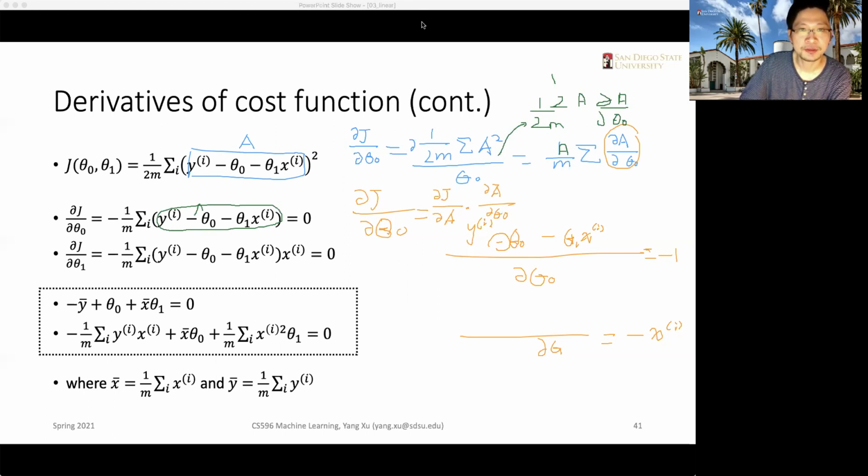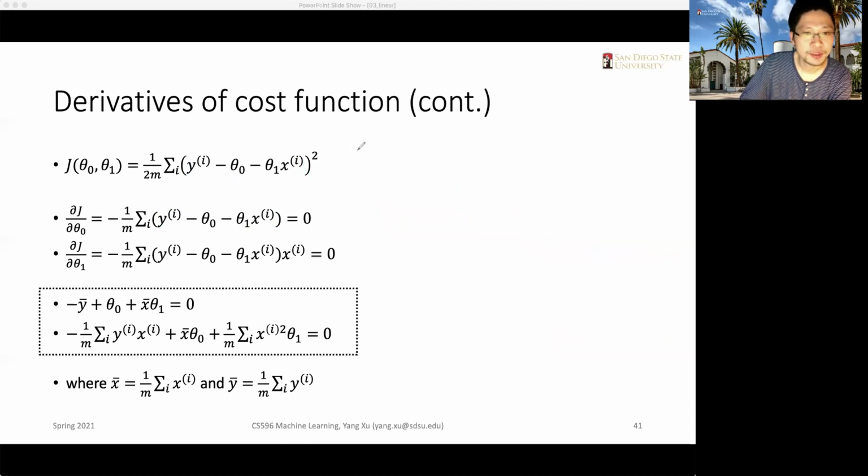If I can clear my drawing: the A is here, then J. Finally, we want J with respect to theta, and it can be decomposed into the derivative of J with respect to A times the derivative of A with respect to theta.